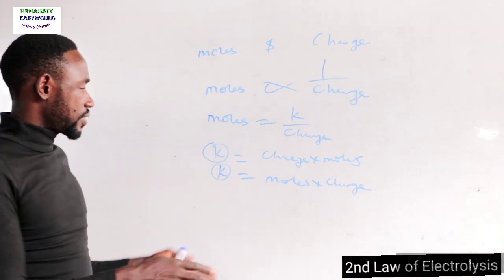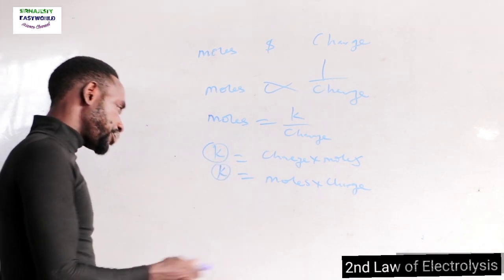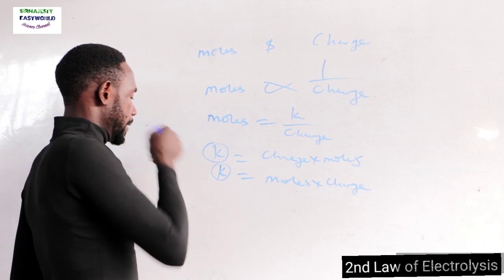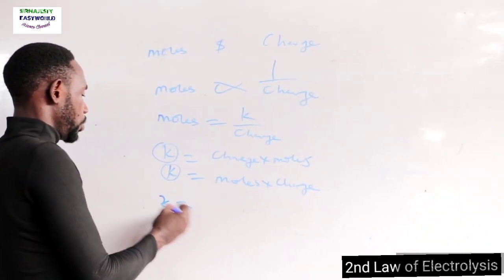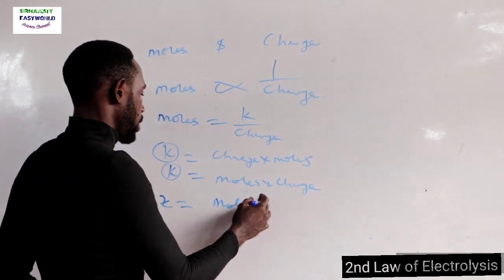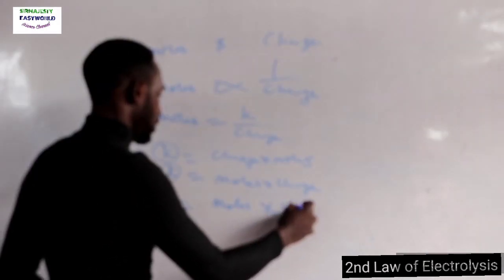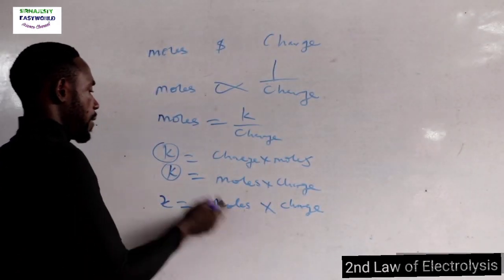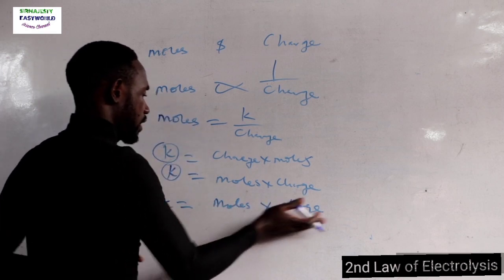We're going to be using the X factor here, whereby, simply, you can now say that X is equal to what we just said here: moles times charge. But here, there are different charges.